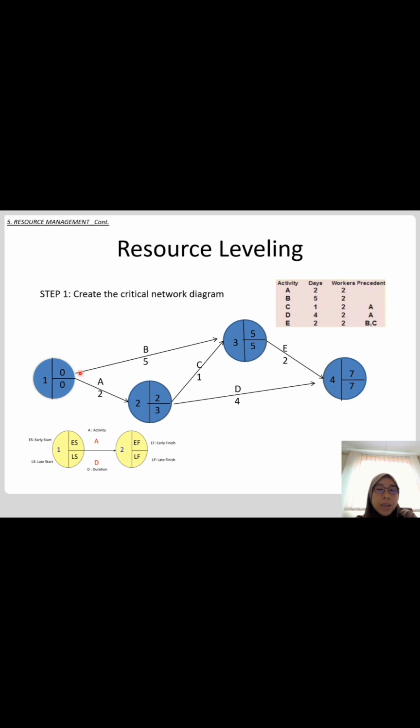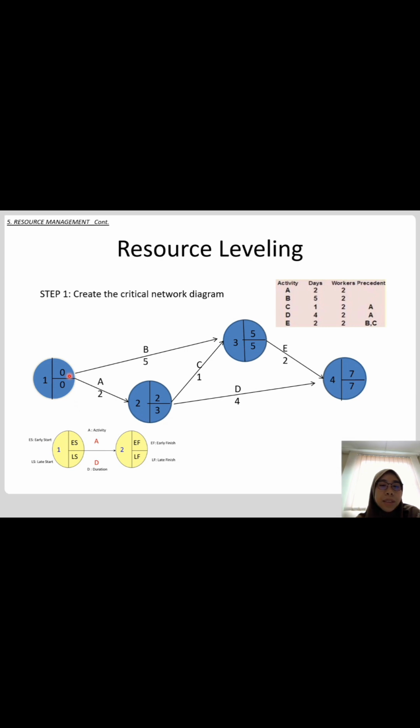So node 1, you have A and B. After that C, the predecessor is A, and D, also the predecessor is A. So from here, C and D, the predecessor is A. And then E, the predecessor is B and C. After that, you need to calculate the forward pass and backward pass.